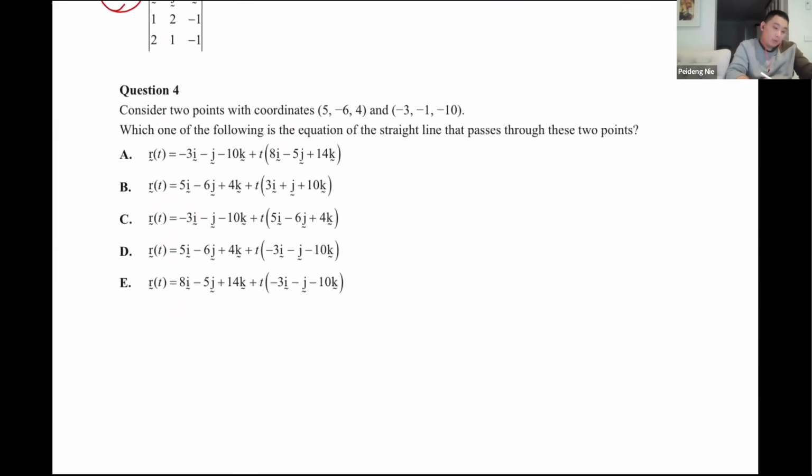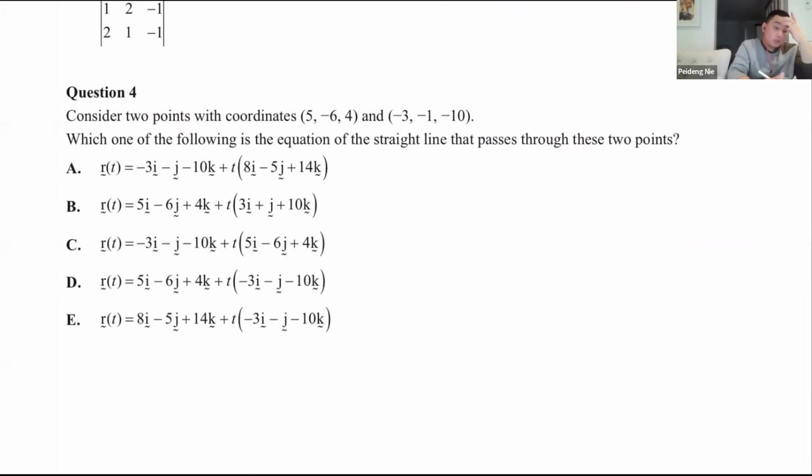Okay, question 4. Two points with coordinates 5, minus 6, 4 and minus 3, minus 1, minus 10. This is point A, this is point B. Basically, I'm looking at the line through these two points. Firstly, I'm going to find the vector AB to represent my direction vector.